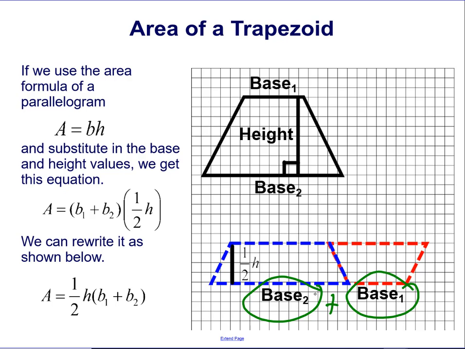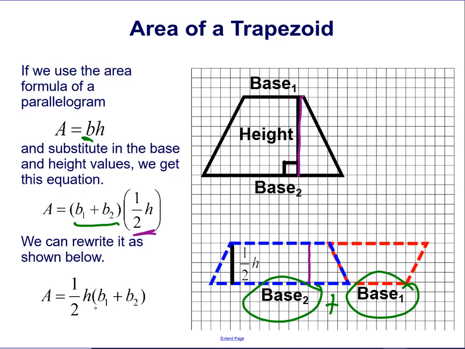When we add them together, we end up with this part of the equation for the base of the parallelogram. Now, for the height, we have the height of our trapezoid, but in relation to our parallelogram, the parallelogram height is 1/2 the height of the trapezoid.